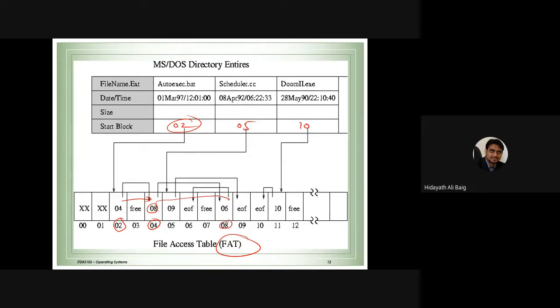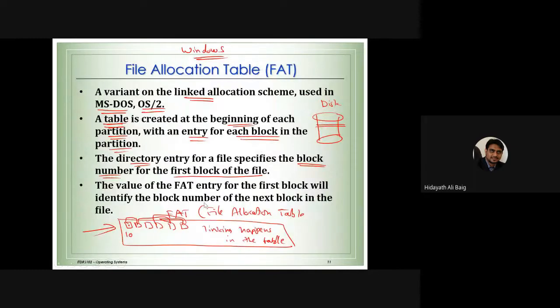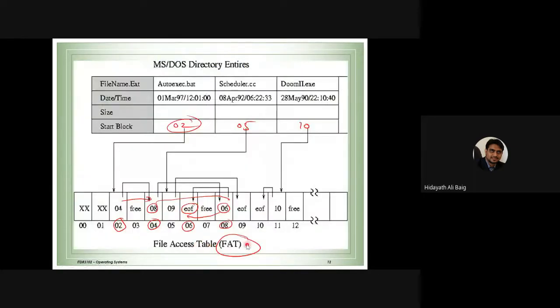Now the next block for me is block number 6. When I go to block number 6, this is the end of the file. The file is finished. Likewise, the chaining is happening. This is the same as linked allocation, but the linking is not happening inside the disk. The linking is happening with the help of the file allocation table.